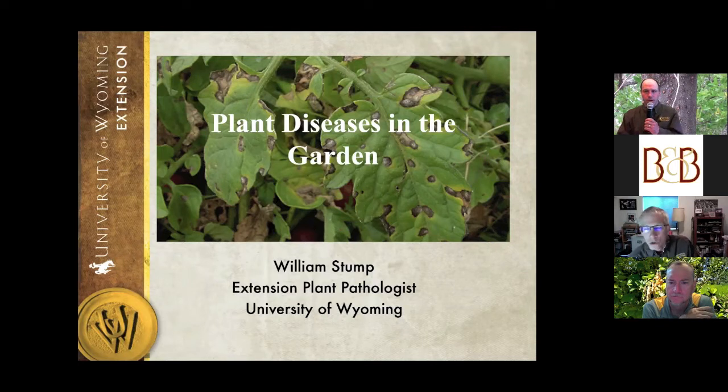Every now and again, I'll culture things if it's possible, or I'll take samples and put them in a humid chamber to try to get it to sporulate if it's a fungus, because that way, not always, but sometimes, you can identify certain fungi by what kind of spores or fruiting structures they produce. Or at least identify that it is an organism that's attacking the plant and not an abiotic stress.